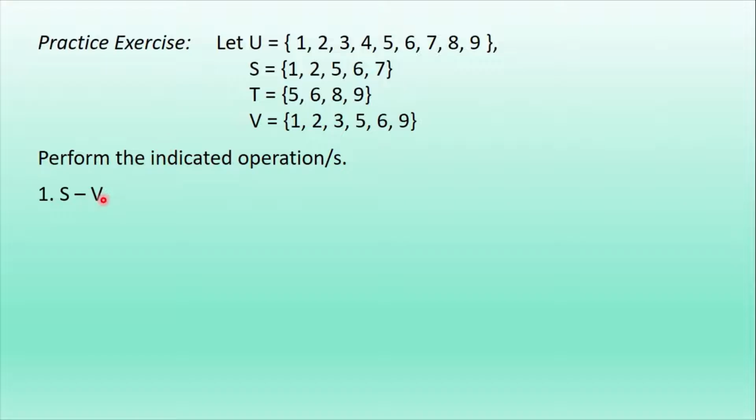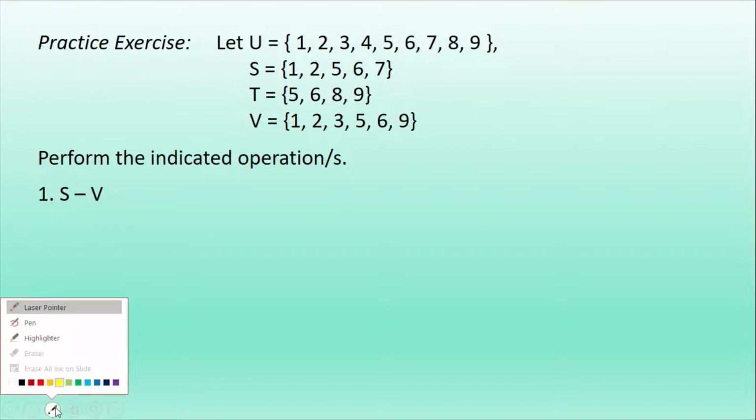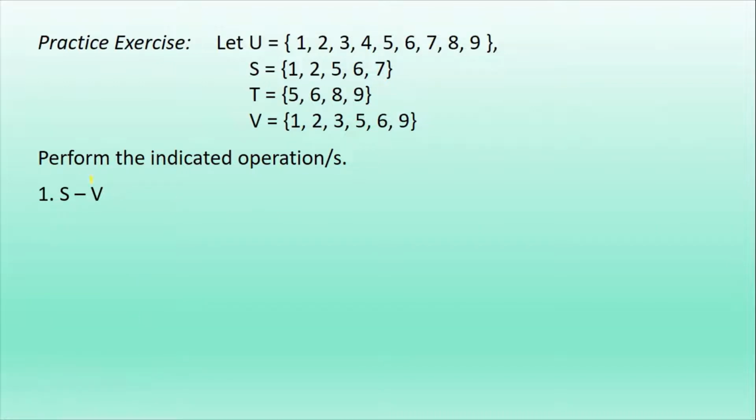We have S minus V. The point of reference here is S. We subtract the common elements. So what is common to them? We have 1, we have also 2, we have also 5, and also 6. So what is left? The only element left in S is 7.